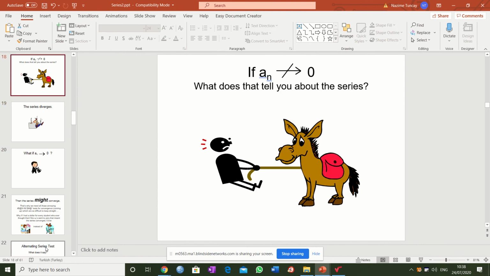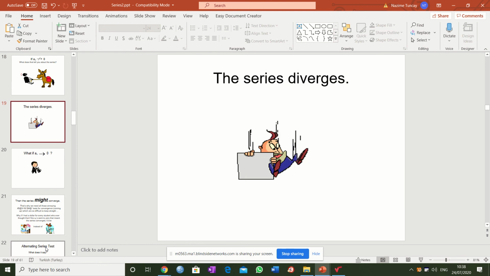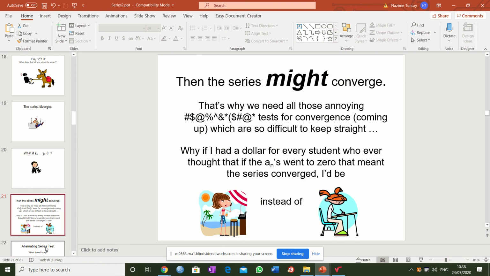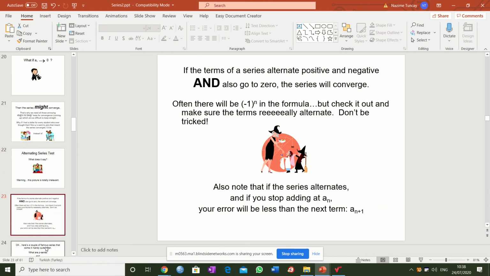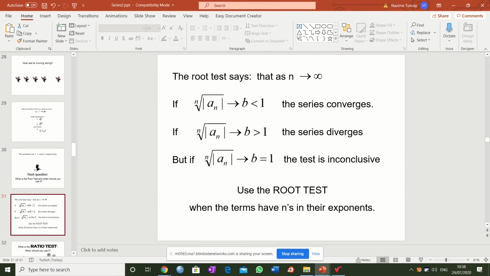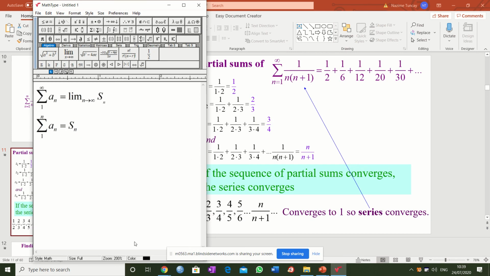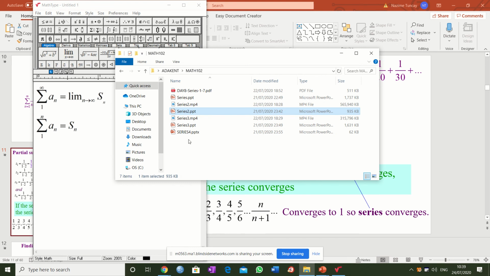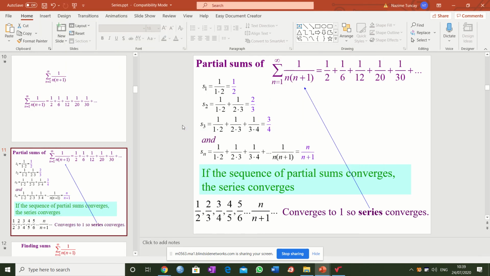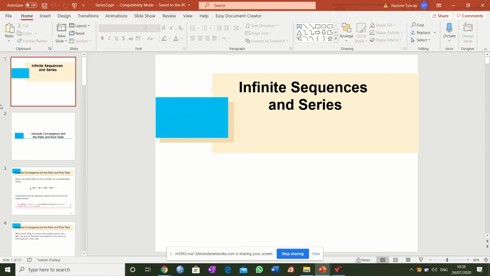If an doesn't approach 0, it diverges. I'm going to pass to other subjects. It diverges when it goes to positive or negative infinity, and it converges when it goes to a certain number.